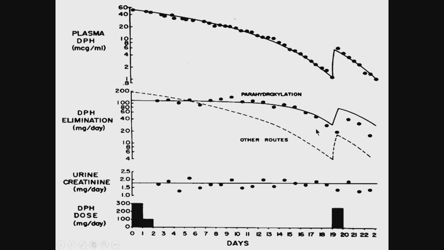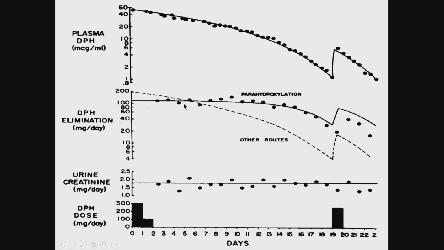What this is indicating, and of course they're measuring urine creatinine to validate their urine collections over time. And over here they started re-administering phenytoin once again, and they see the increase in the level and then the subsequent decline of the level.